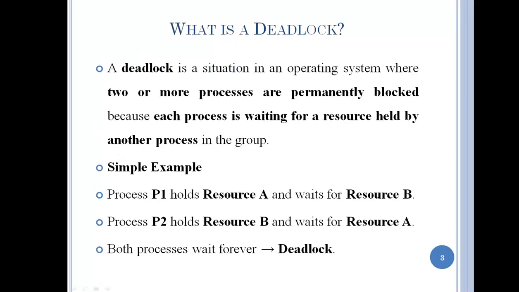So deadlock is what? Deadlock is a situation in an operating system where two or more processes are permanently blocked because each process is waiting for a resource held by another process in the group. Let us take a simple example. Process P1 holds resource A and waits for resource B, whereas process P2 holds resource B and waits for resource A. So both the processes wait forever and the deadlock happens.